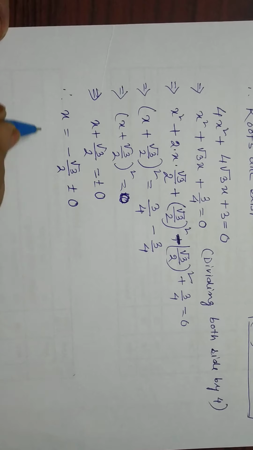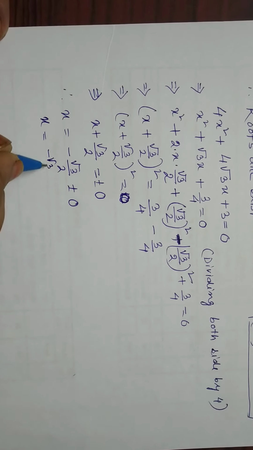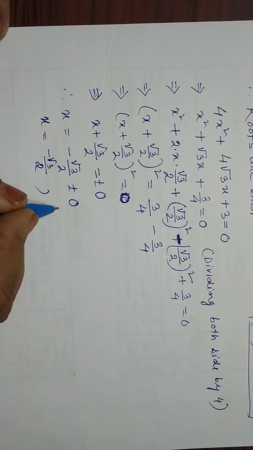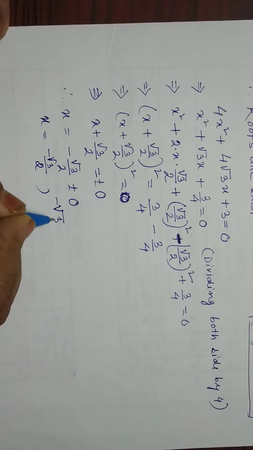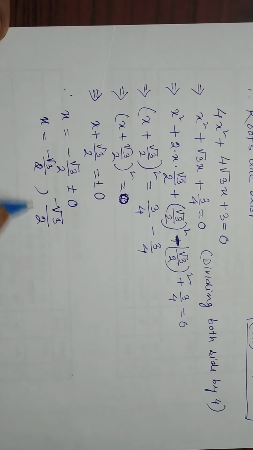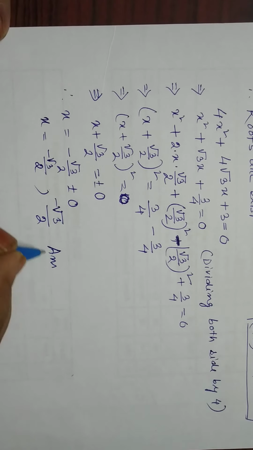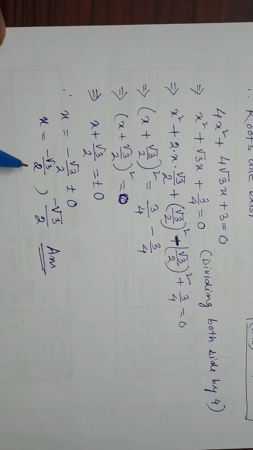If x equals −√3/2 plus 0, it is still −√3/2, and if we subtract 0, it is also −√3/2. Therefore the answer is x = −√3/2, −√3/2.